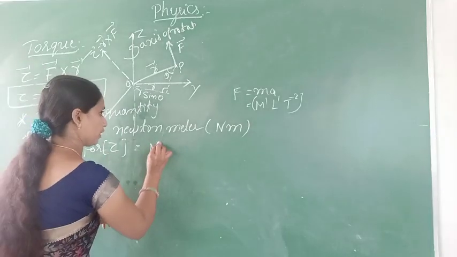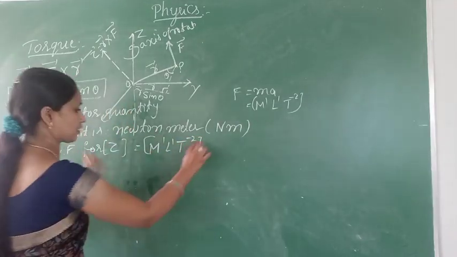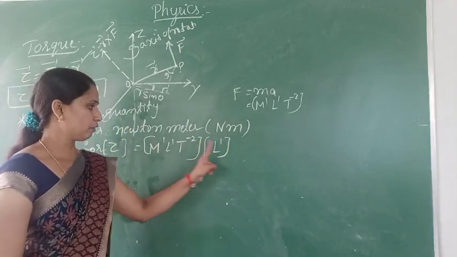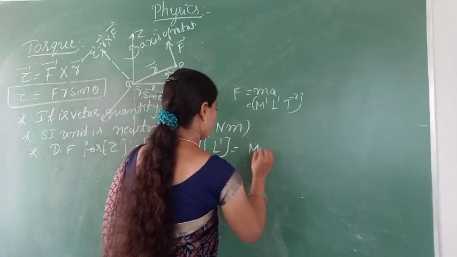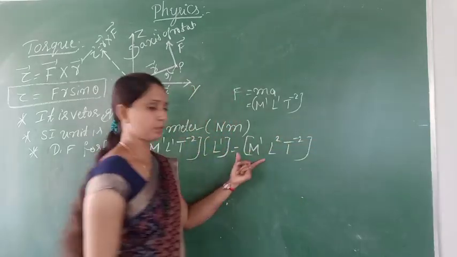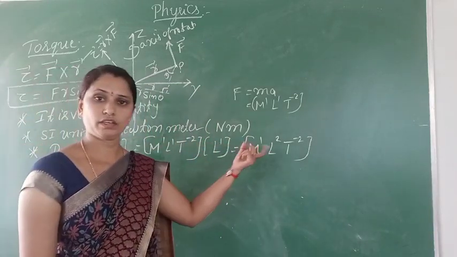So M power 1 L power 1 T power minus 2 into r, which is again L power 1. Adding the powers, we get M power 1, L power 2, T power minus 2. This is the dimensional formula for torque. Clear?